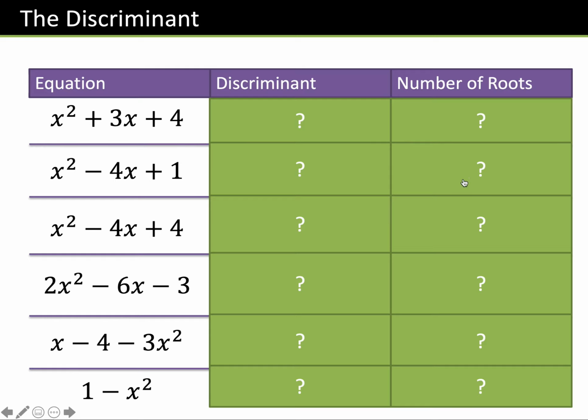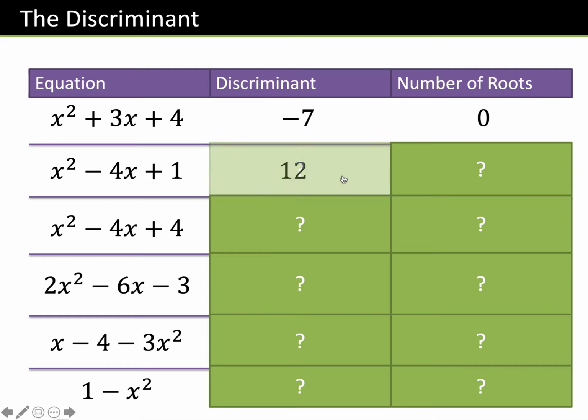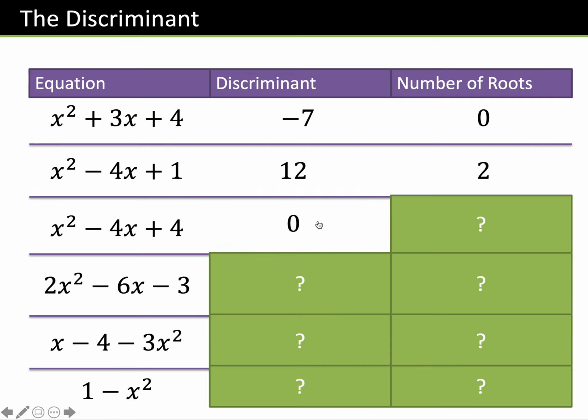The answers are, the first one, the discriminant is minus 7, which gives you 0 roots. The second, the discriminant works out to be 12, which gives you 2 roots. The third, the discriminant is 0, which gives you 1 root.